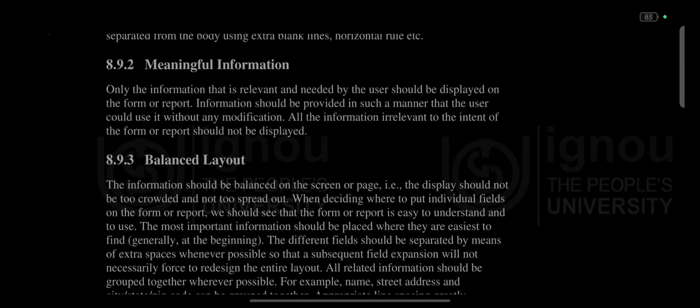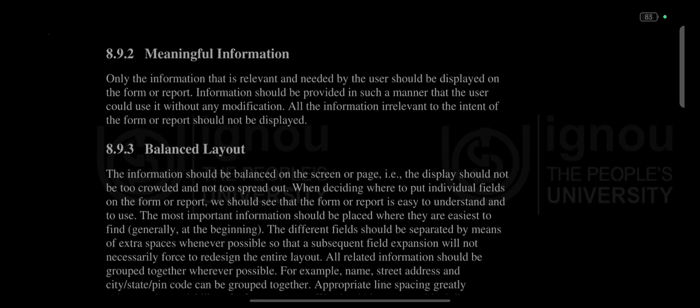Meaningful information. Only the information that is relevant and needed by the user should be displayed on the form or report. Information should be provided in such a manner that the user could use it without any modification. All the information irrelevant to the intent of the form or report should not be displayed.